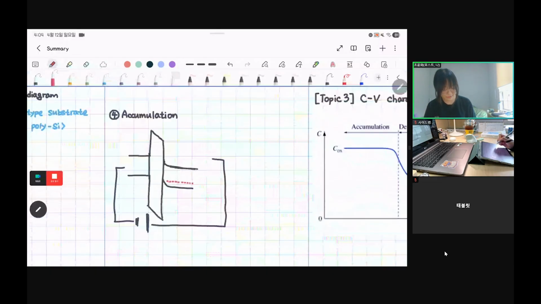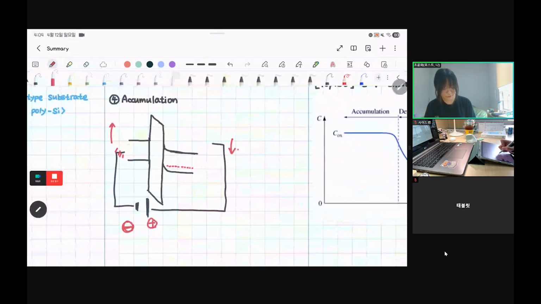Because we learned that the minus bias part goes up and the plus bias part goes down. So we can draw the band diagram like this.